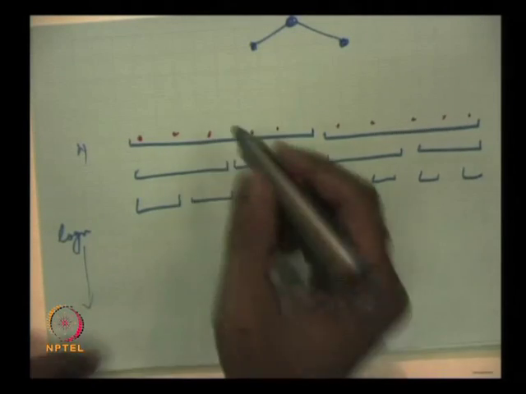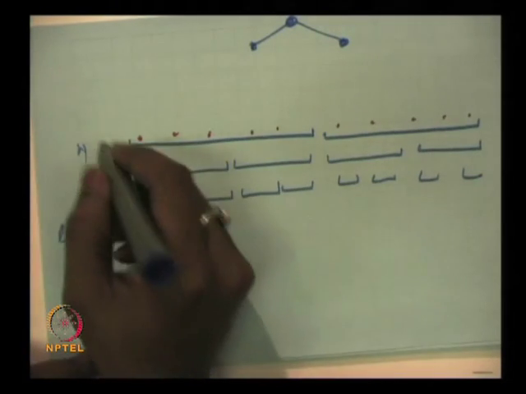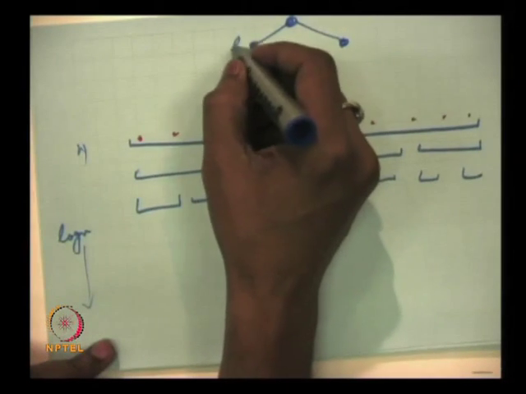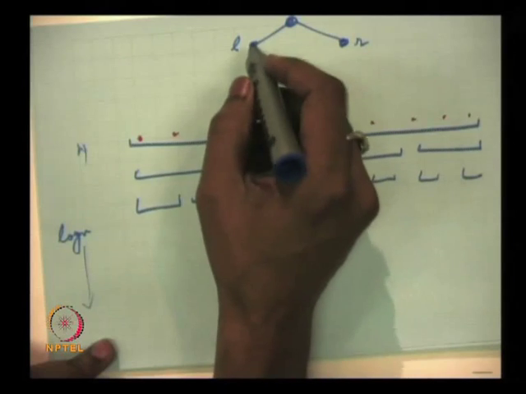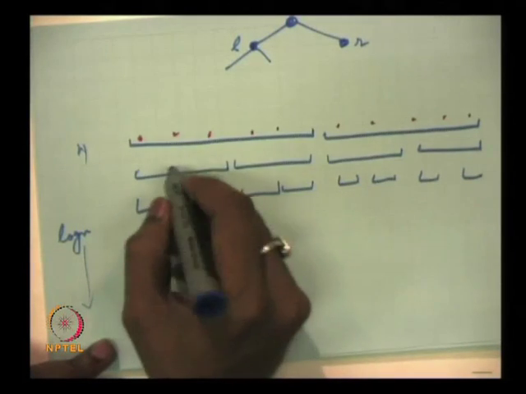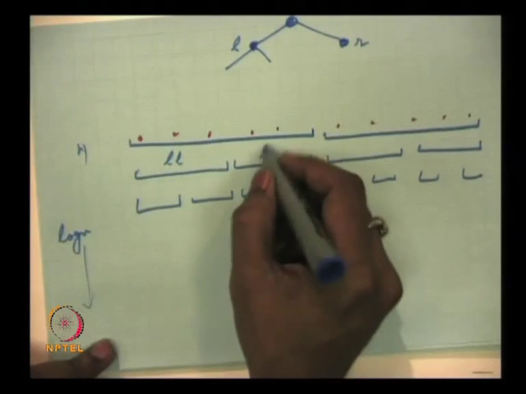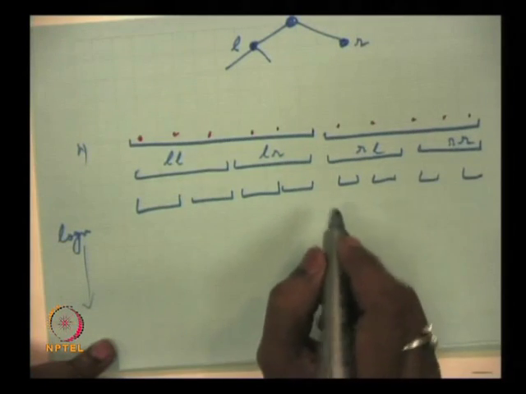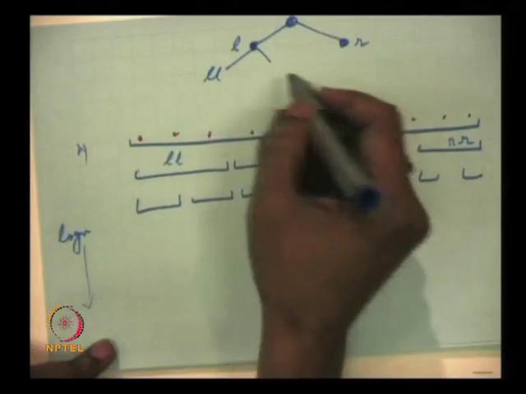Each node again is associated with a partition. At level 1, there are 2 partitions, left and right, and then maybe you call them LL and LR and RL and RR or something.